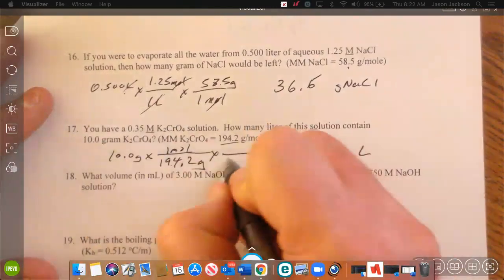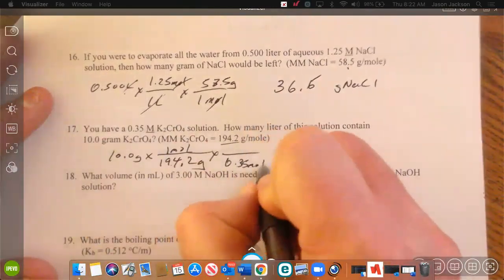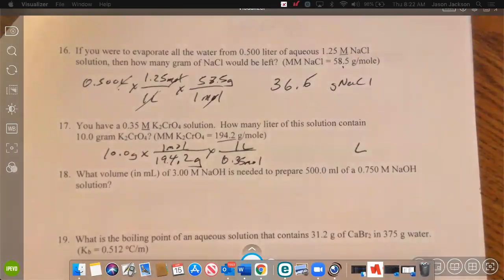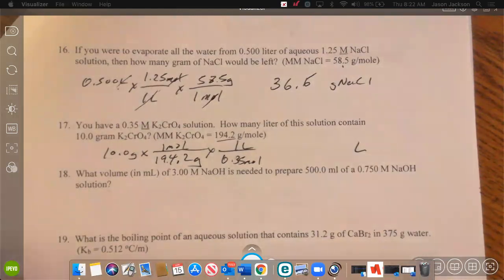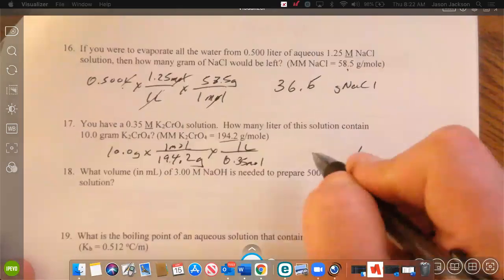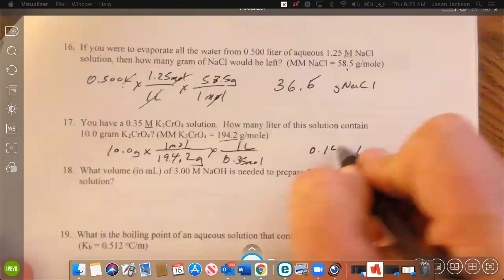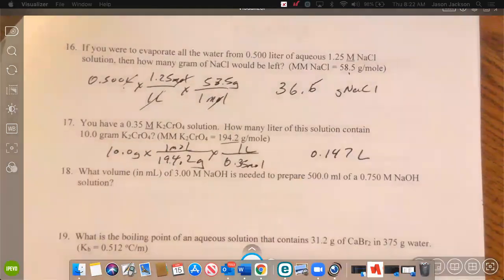Every 0.35 moles is 1 liter of potassium chromate. 10 divided by 194.2 divided by 0.35 is about 0.1471. 3 significant digits, 0.147 liters.